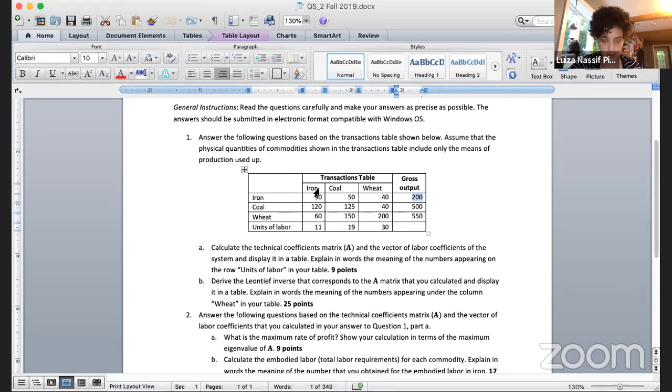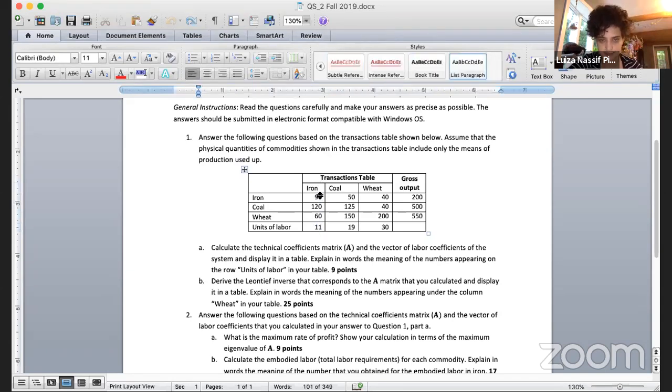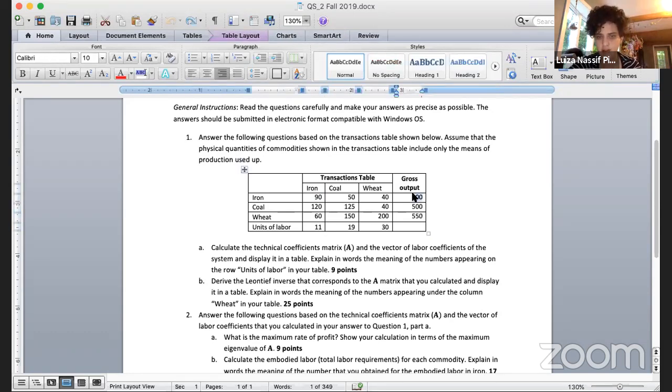And when you're reading the column, I'm looking at each of the sectors and seeing how the production happens. So the iron sector buys 90 of iron, 120 of coal, and 60 of wheat, as well as hires 11 people per year. Well, that's probably the unit he's using here, if he's following Pasinetti, right? 11 man-years is the unit, and those are employed in producing those 200 of iron.